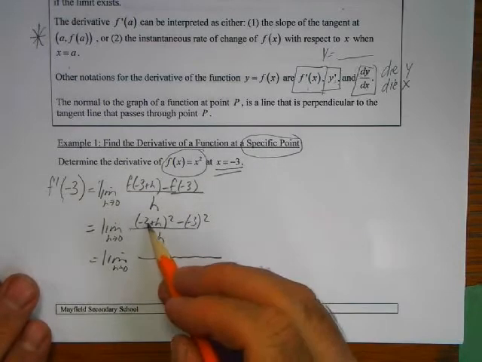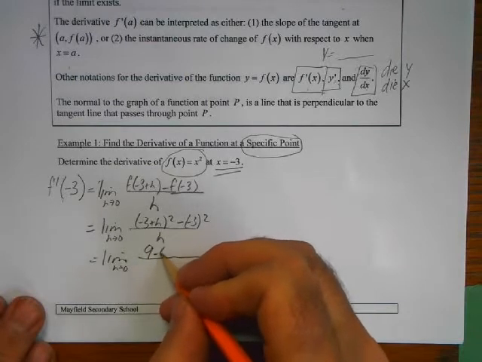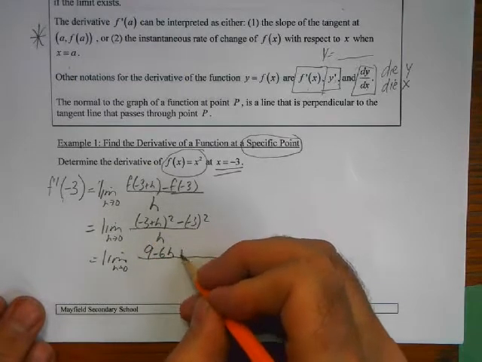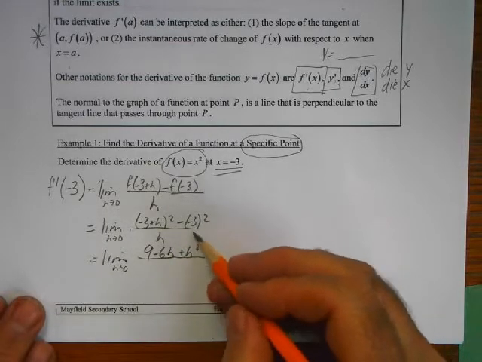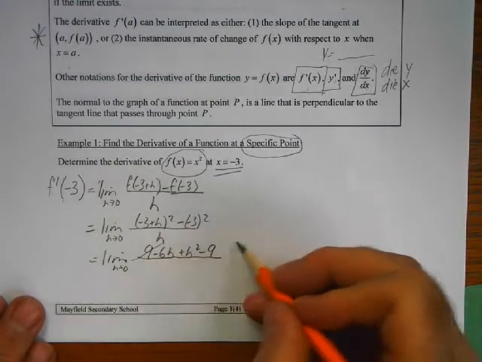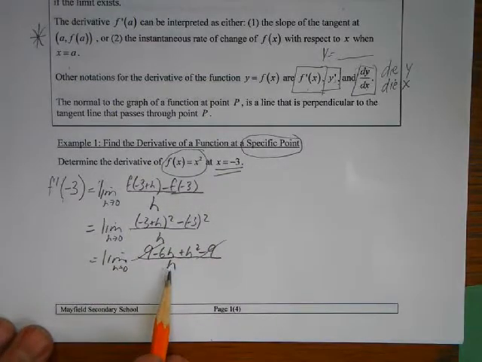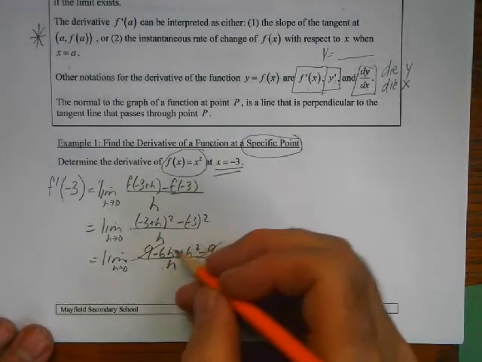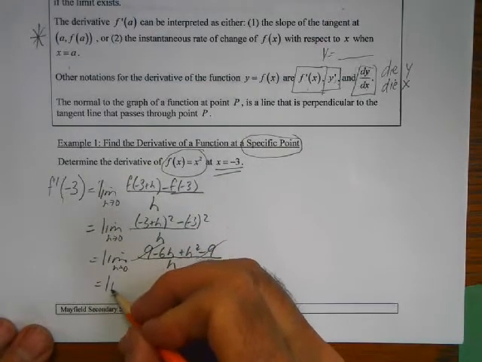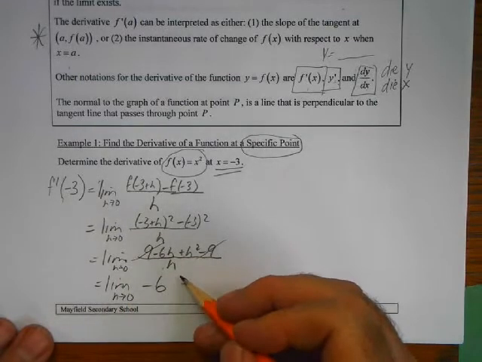Okay, so when we square this, we're going to get 9 minus 6h plus h squared, and then minus 9, and you can see the 9's cancel. But this is all over h still, and now you can see, as normally happens, you can actually cancel the h's because that's all you have on the bottom, and each term on the top has an h. So limit as h approaches 0 of -6 plus h.